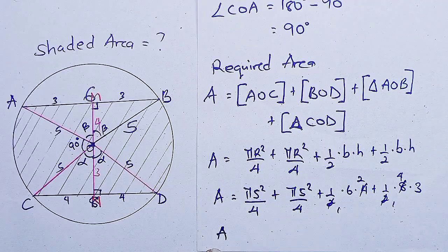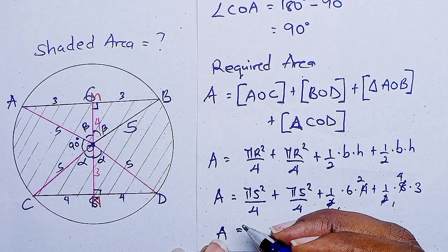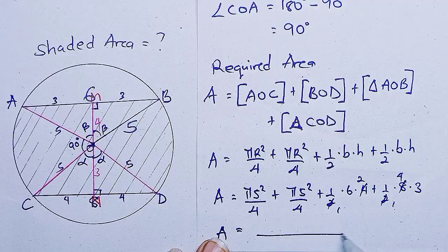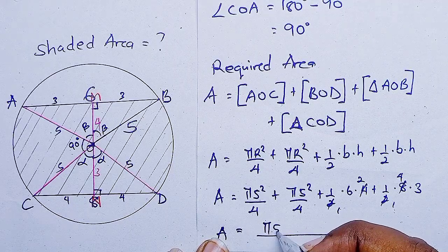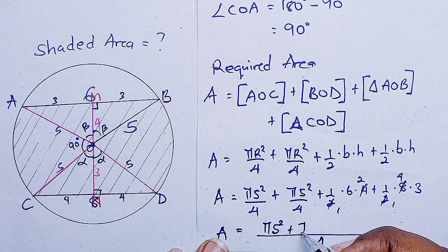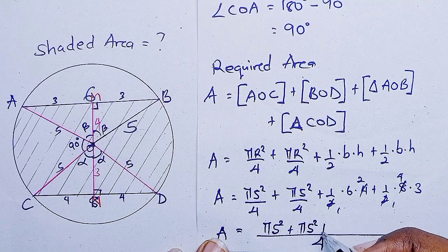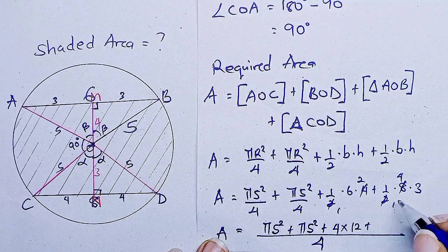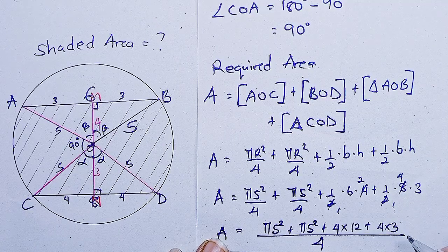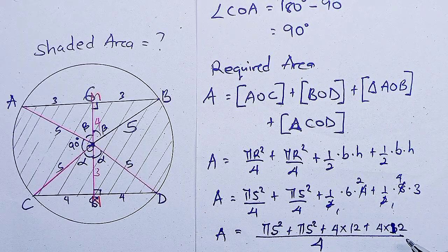So area is equal to, so the LCM is 4. 4 by 4 is 1. So we have pi 5 squared plus pi 5 squared plus, you shall have 4 times 6 times 2 is 12 plus 4 times 4 times 3 is 12. Sorry, 4 times 12.